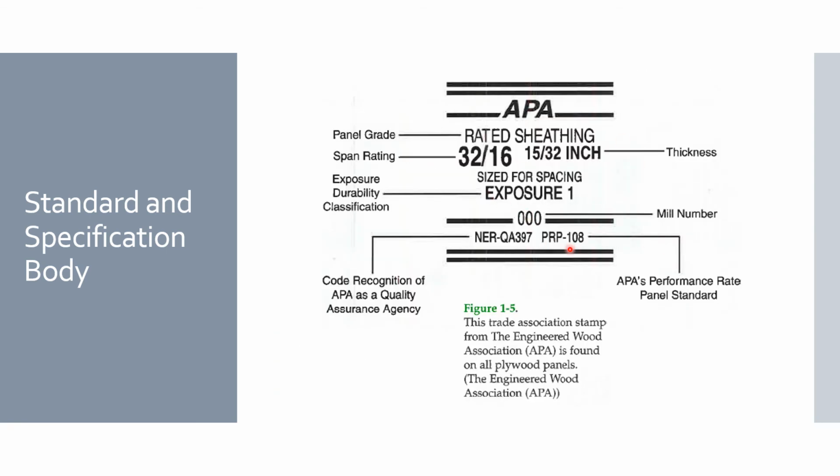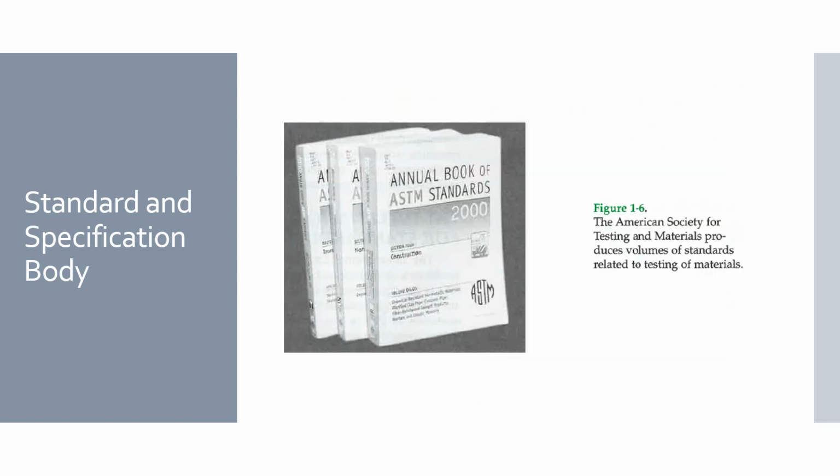Here is just an example of a stamp of a trade association, APA. We already know what APA is from the previous slide, that's your Engineered Wood Association. And this is for ASTM. I'm just trying to show you this book, the standard books. These are boring books. You only use them to take a look at whether your specifications are right or not.